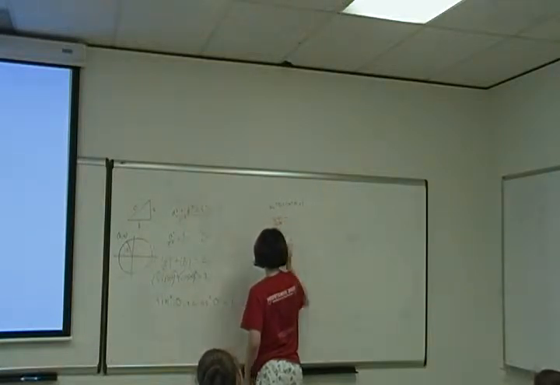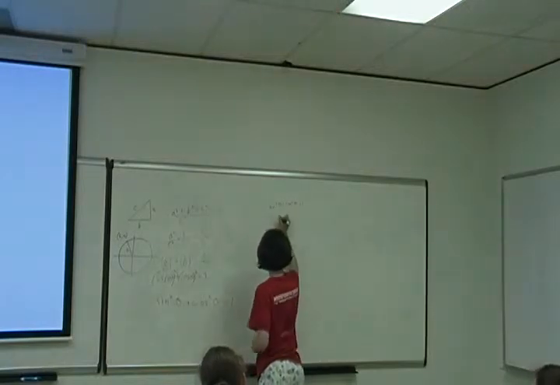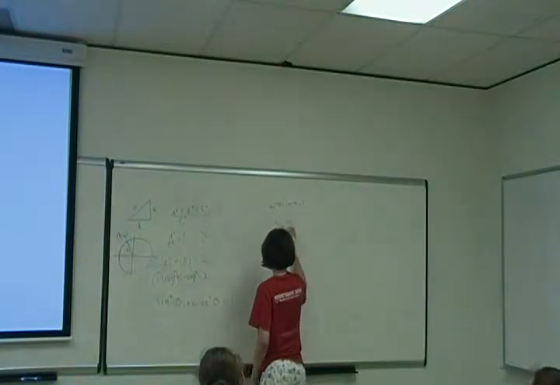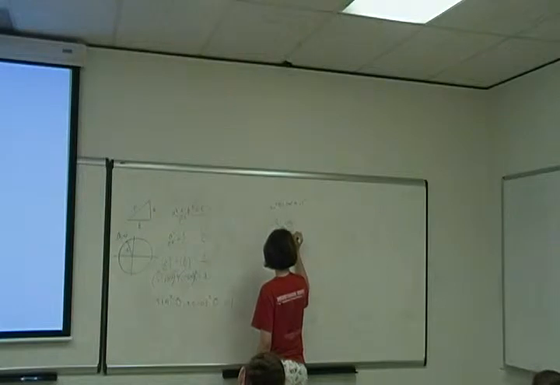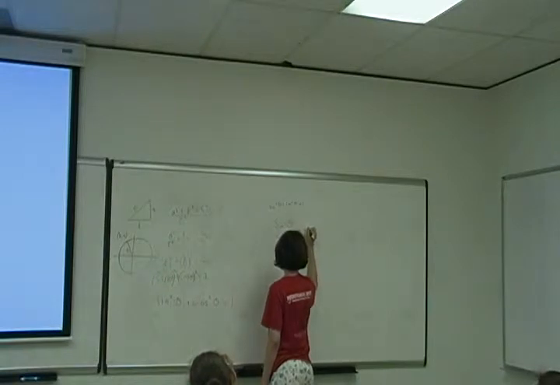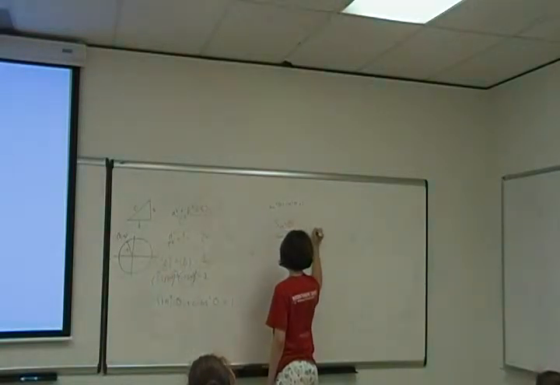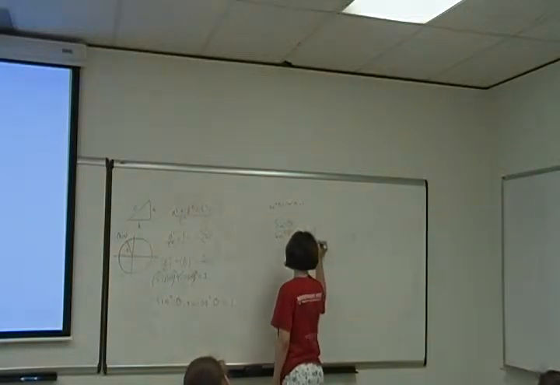Write bigger so everybody in the room can see it. You're dividing by cosine squared. Good. No, it's not 1 on the other side. That's right.